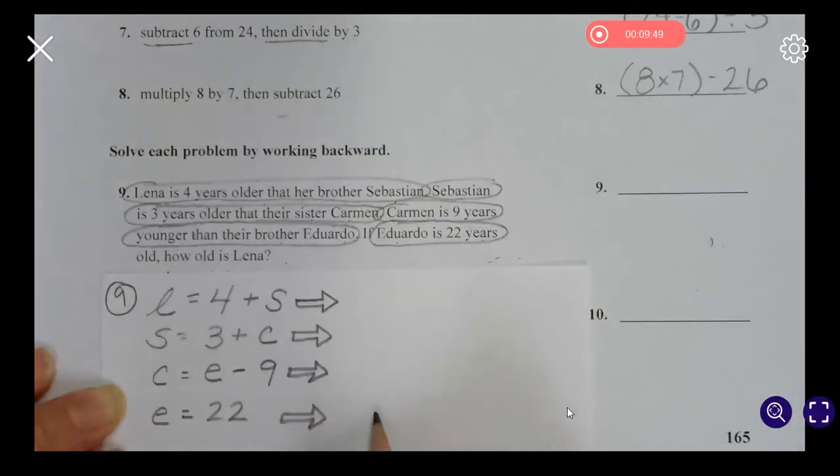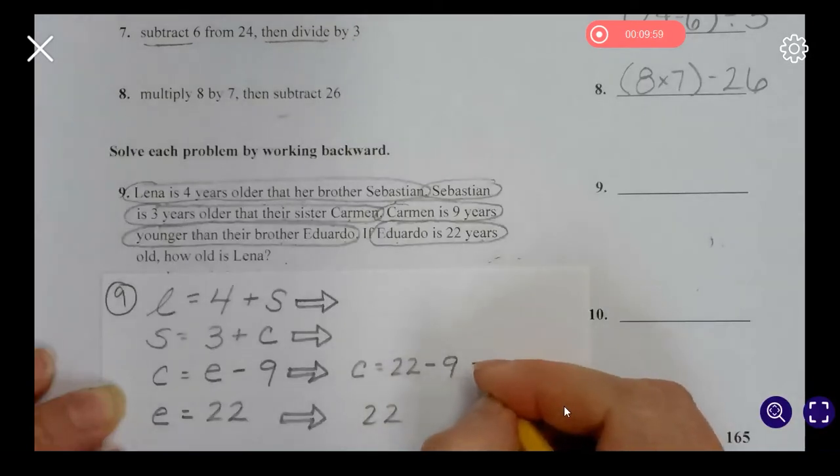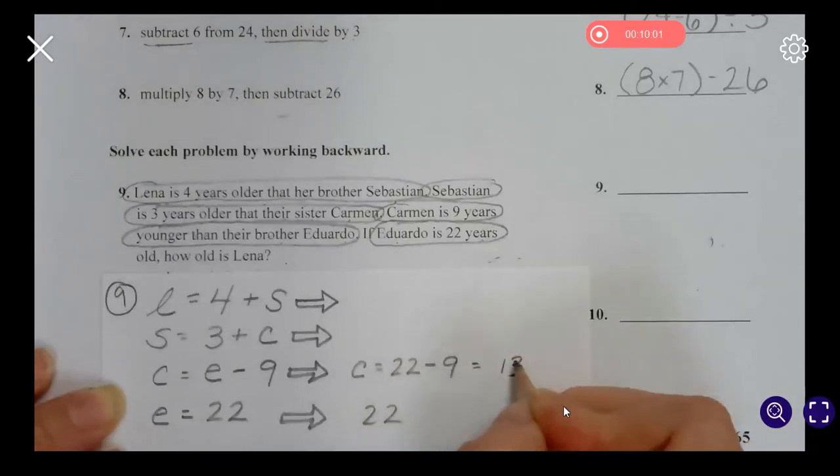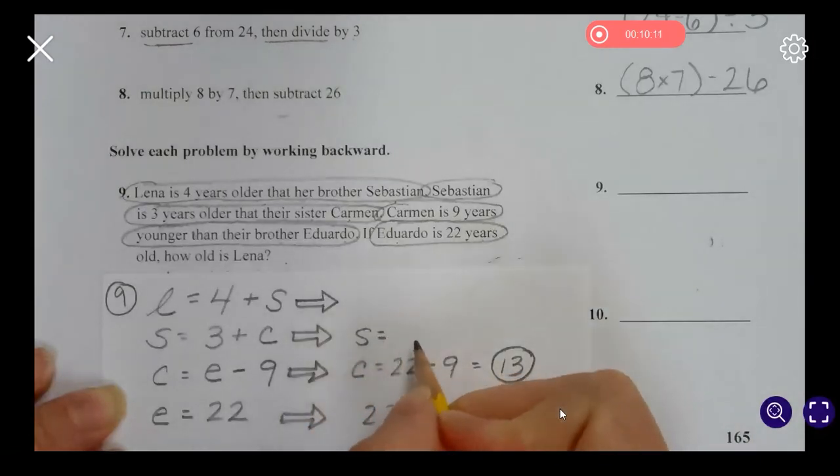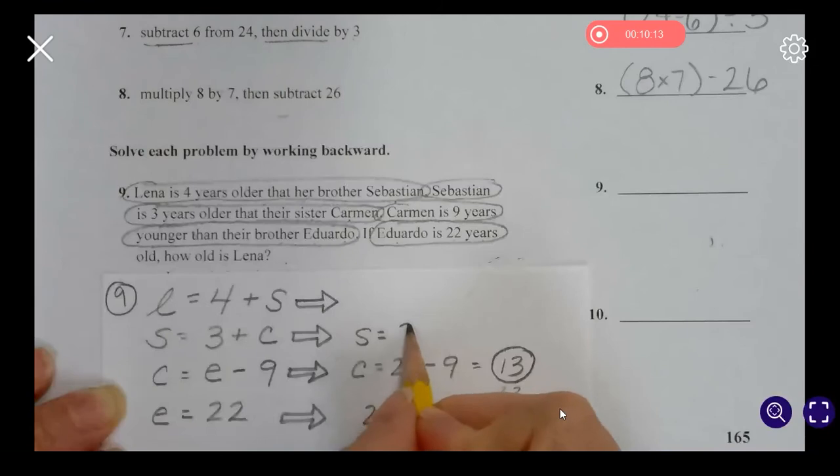Okay, so Eduardo we know is 22. Carmen is going to equal 22 subtract 9. And that would be 13. 9, 10, 11, 12. That's 22. So Carmen is 13 years old. So Sebastian equals 3 plus Carmen, which is 13.